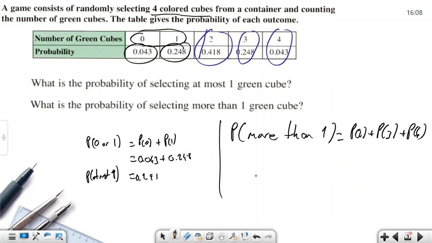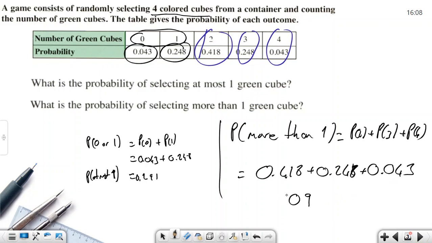Let's write it again: 0.418 plus 0.248 plus 0.043. 8 plus 8 is 16, plus 3 is 19. 1 plus 4 is 5, 9, 10. 4, 6, 7. So that equals 0.709. That's the probability of more than one green cube.